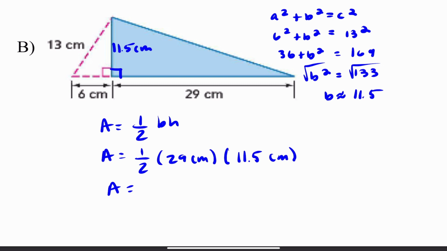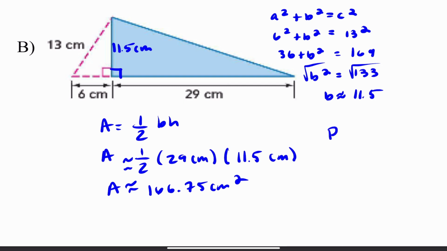And that is going to be approximately 166.75 centimeters squared. Okay, so that's the area.